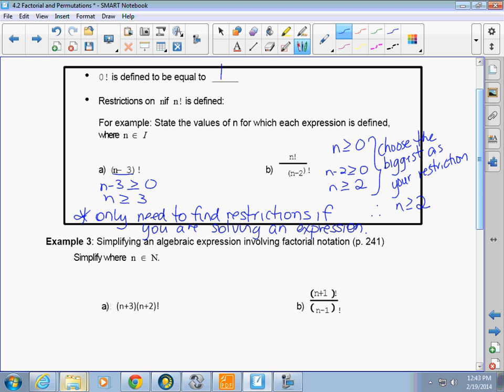So example 3 says, simplify an algebraic expression involving factorial notation. Simplify where n is an element of natural numbers. So because this is simplify, that means we don't need to find restrictions.